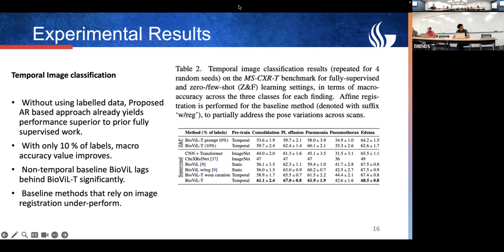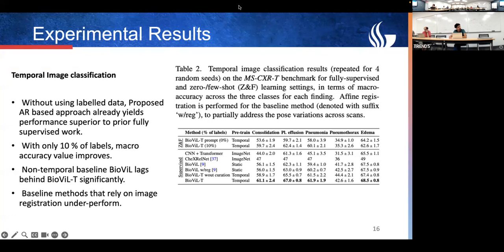So if you have a look at the first row, you see 0%, right? So they have used 0% of labels, which is zero shot, and the pre-training method is temporal. And if you compare it with CNN plus transformer, which is a supervised approach, the BioViL-T outperforms the supervised method.